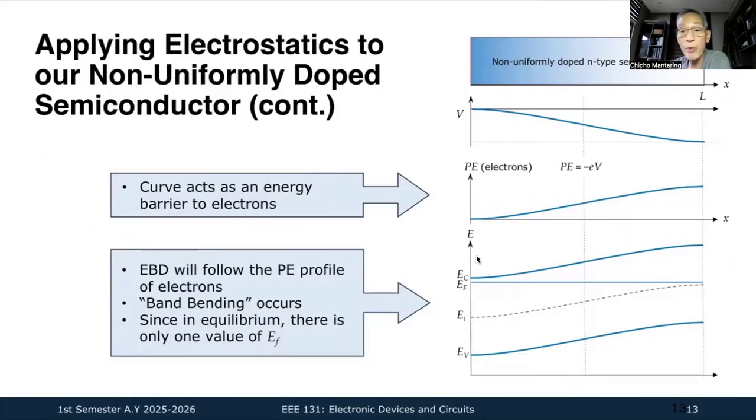If it is in thermal equilibrium, it can only have one value of Fermi level. So your Fermi level will be maybe somewhere here. Remember that this is n-type. Do you remember? For n-type, your Fermi level is greater than your intrinsic Fermi level, E sub i. When you dope with donor impurities, your Fermi level goes up toward E sub C.